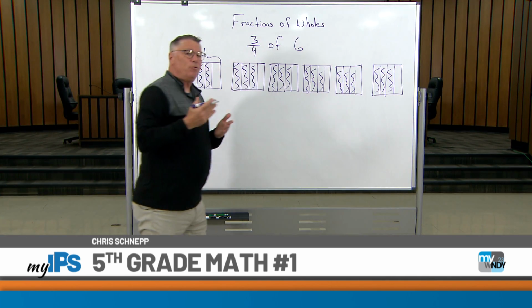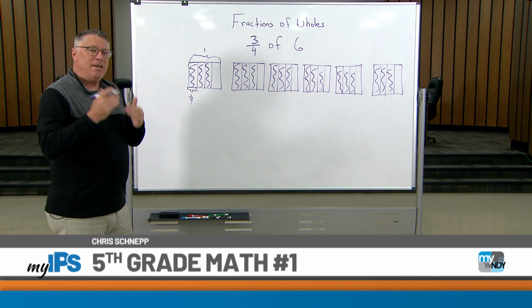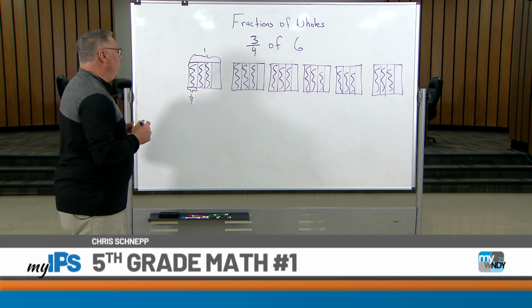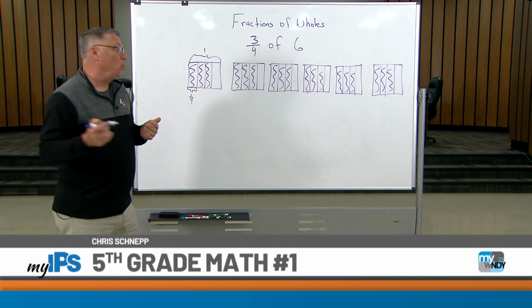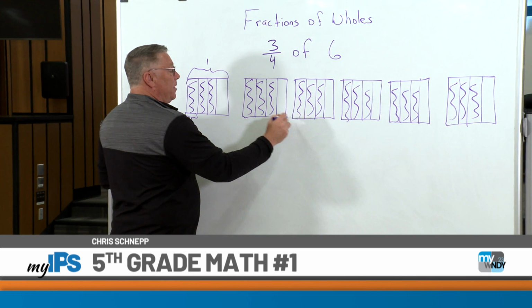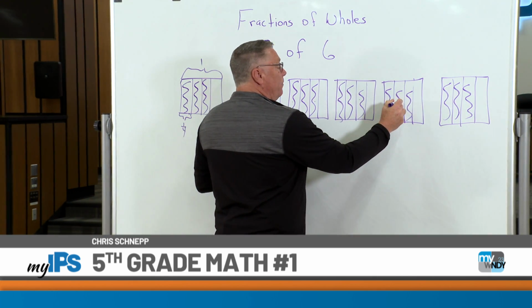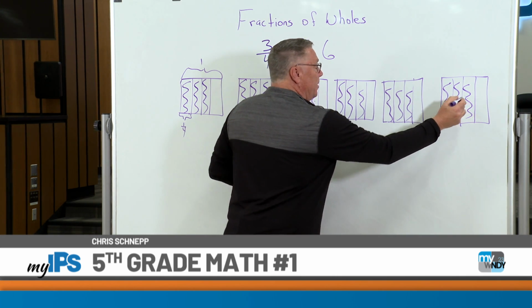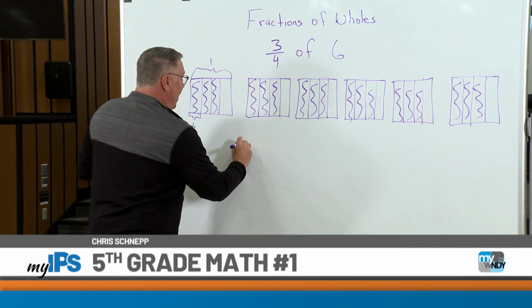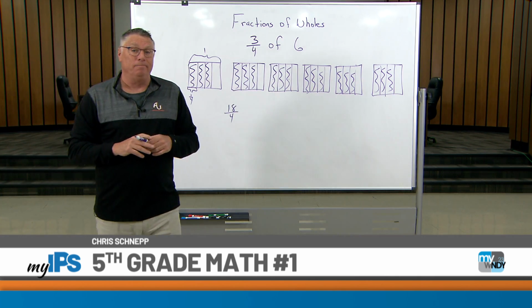So what we have drawn here is 3/4 of 6. Each square has 3/4. So let's go count how many fourths we have. 1, 2, 3, 4, 5, 6, 7, 8, 9, 10, 11, 12, 13, 14, 15, 16, 17, 18. So we have 18 fourths represented here.